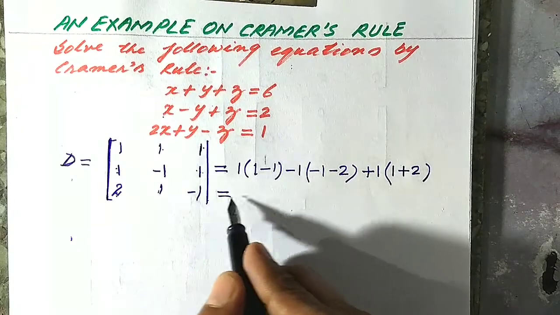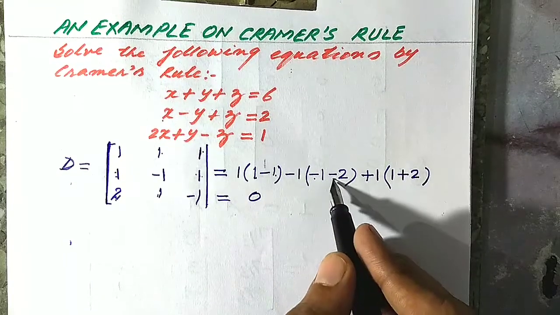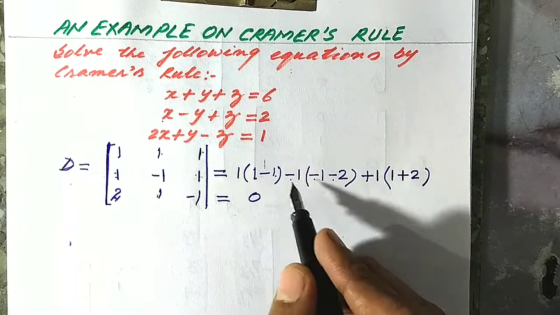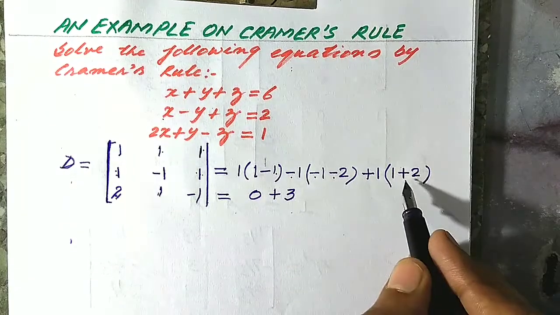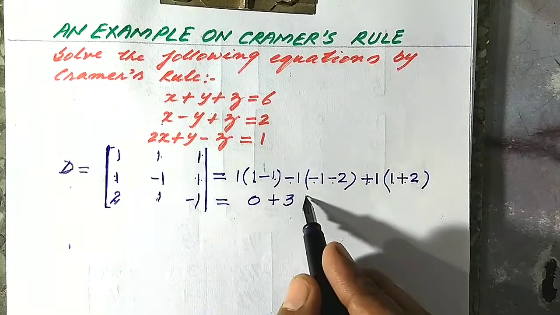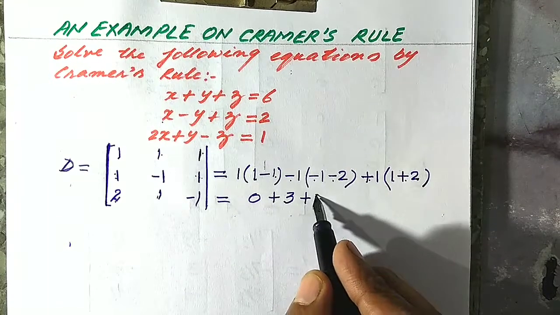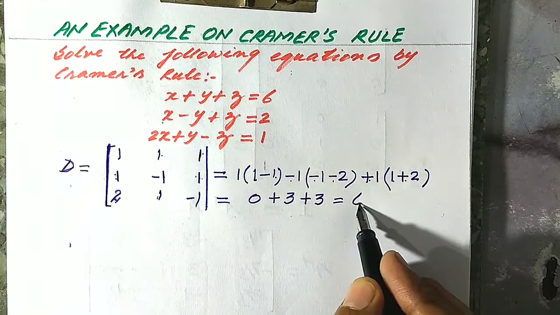So simplifying this, we get 1 minus 1, 0, minus 1 minus 2, minus 3, and minus 3 into minus 1 plus 3, and here 1 plus 2 is 3, and 3 into 1 is 3 plus 3. So 0 plus 3 plus 3 is equal to 6.